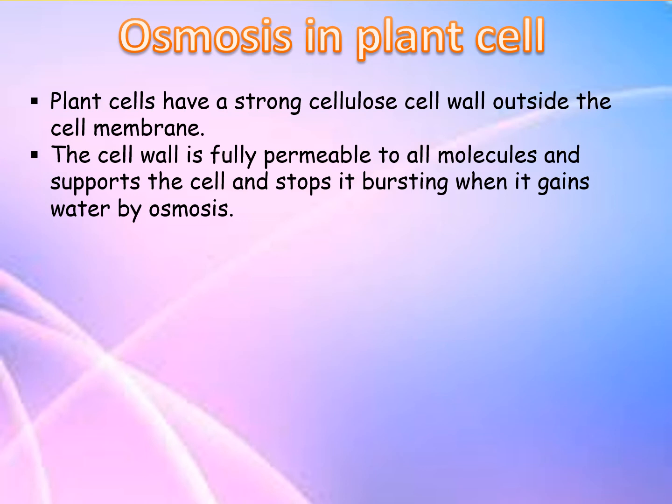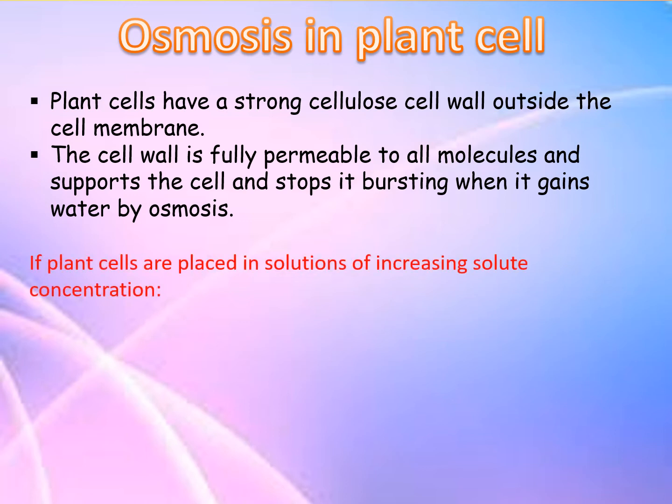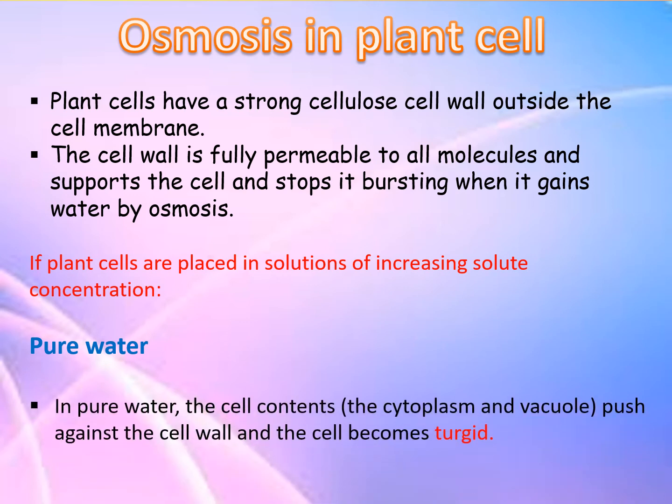The cell contents, including the sap vacuole, contain many dissolved solutes such as sugars and ions. If plant cells are placed in a solution of decreasing solute concentration, for example pure water, think about that. If we put the plant cell in pure water, the cell contents push against the cell wall and the cell becomes turgid.